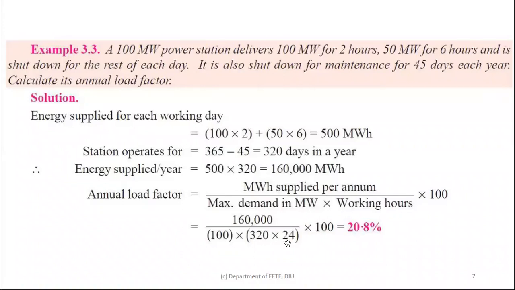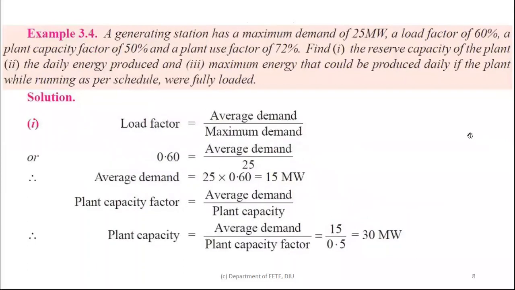When we put that value in, we'll get the annual load factor as 20.8%, after multiplying by 100. That's how we calculate. And the formula can help us a very big time if you remember it properly. So there is no complexity. It's just knowing the equations properly, identifying the values properly, and putting the values in the right place, and it will give you the answer.